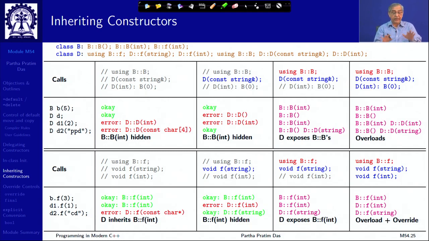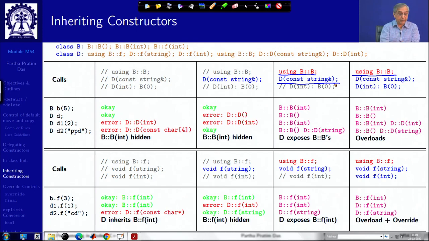Try to go through each one entry for this and get comfortable with inheriting constructors. For example, if you are using this, that is, if you inherit, you have defined a constructor with string, but you are trying to do a default construction.